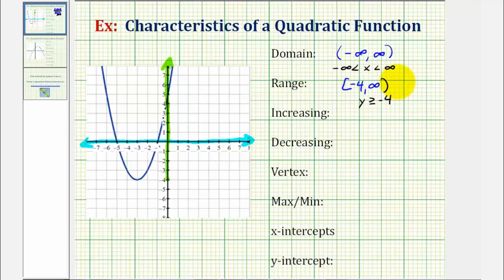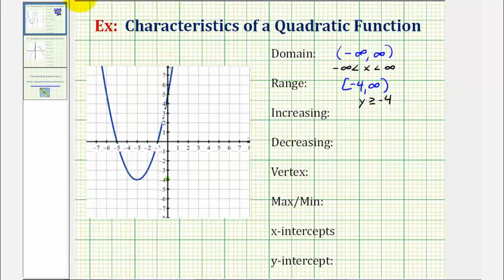Next, we're asked to determine when the function is increasing and decreasing. Informally, if we walk on the graph from left to right, if we're going downhill, the function is decreasing, and if we're walking uphill, the function is increasing. Again, when walking from left to right. More formally, if as x increases, y decreases, the function is decreasing, and if as x increases, y increases, the function is increasing.